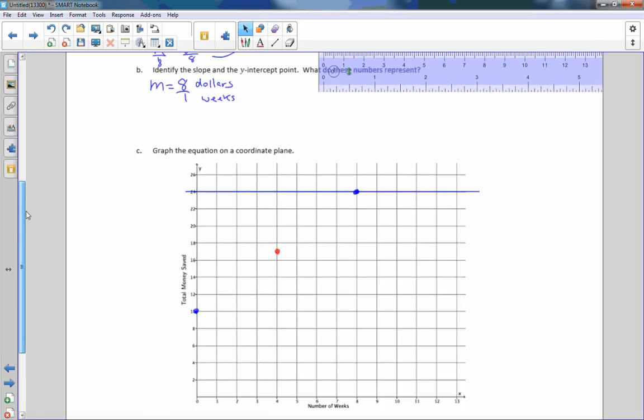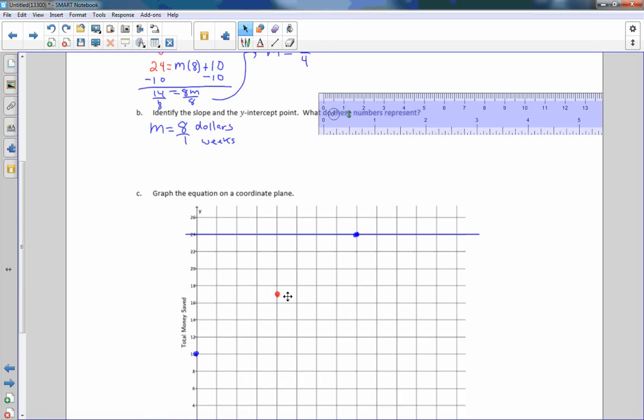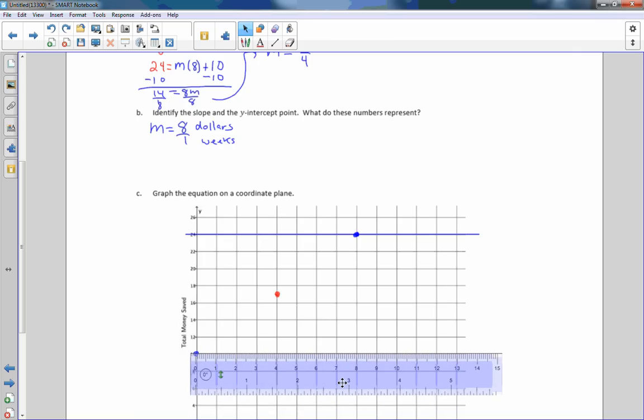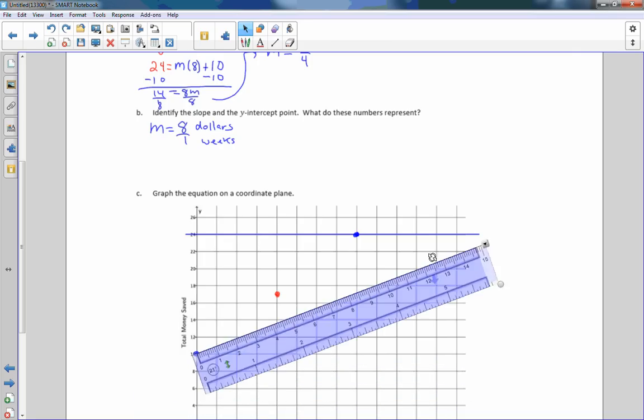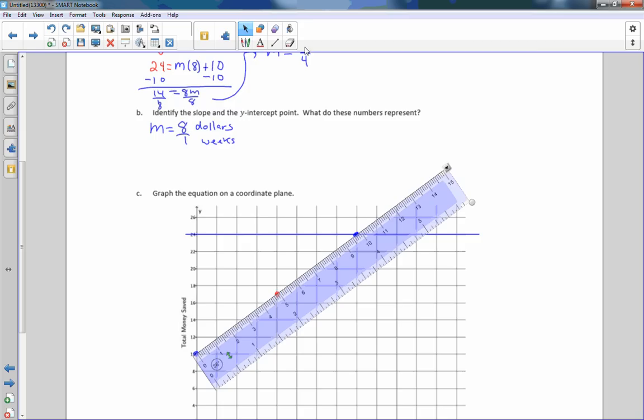So I need to be careful of my scale of my y-axis here. So if I'm now at this point here and I go up 7 again, well, this is 1, 2, 3, 4, 5, 6, 7, and over 1, 2, 3, 4. I finally have my points located correctly, and I will draw a line that represents this scenario.